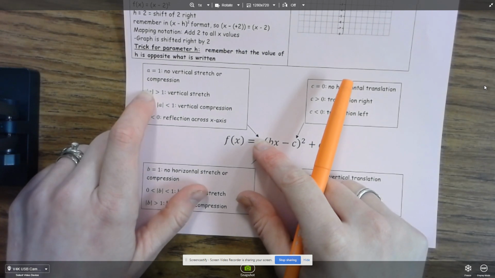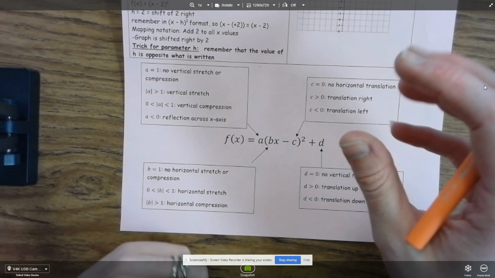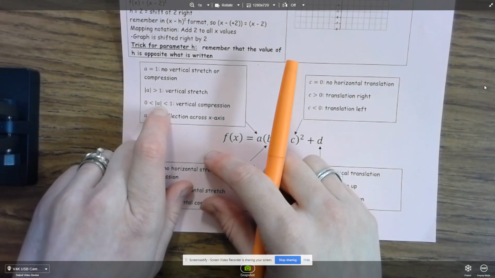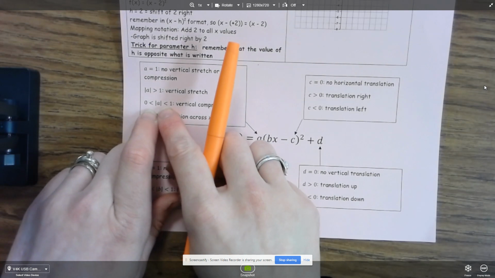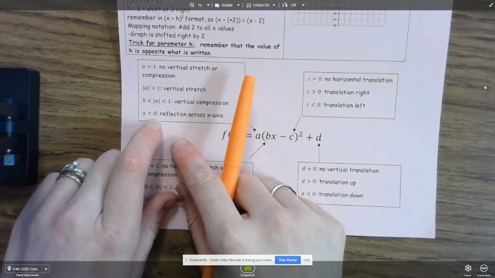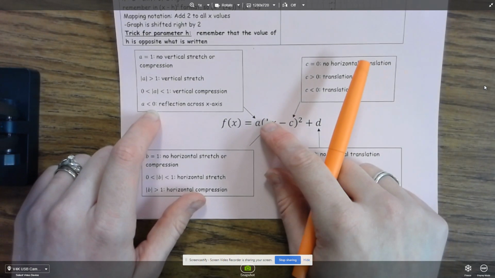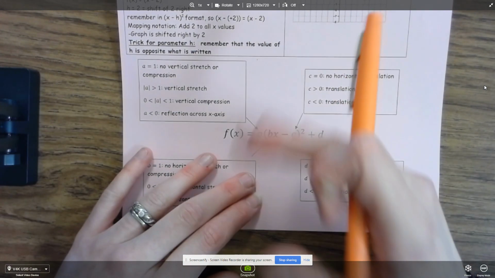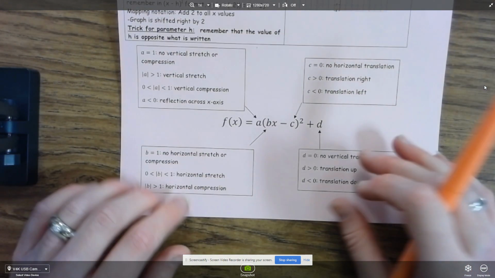If the absolute value of A is greater than 1, it's going to stretch it vertically. If the absolute value of A is in between 0 and 1, so these are your fractions and decimals, that's a vertical compression. And then if A is less than 0, so now we're talking about negative numbers, then this is going to reflect across the x-axis. It's going to flip it either into a frown or into a smile.